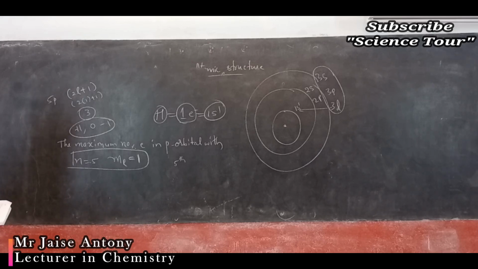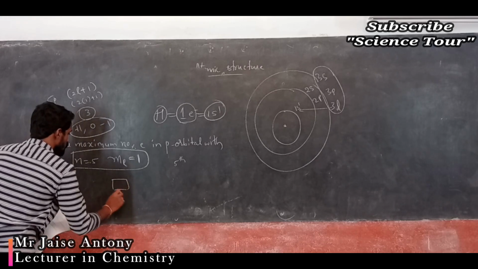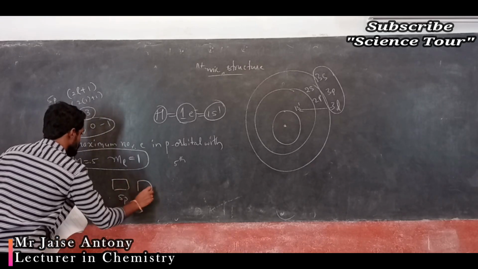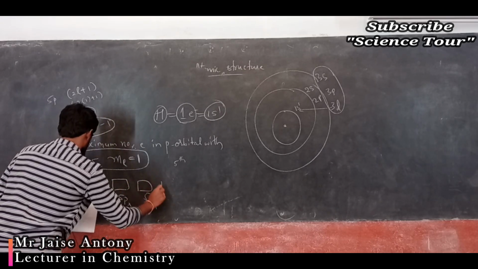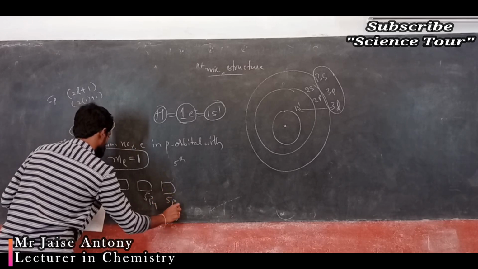In the question they asked the maximum number of electrons in a p orbital. See, 5px, 5py, 5pz. Correct?